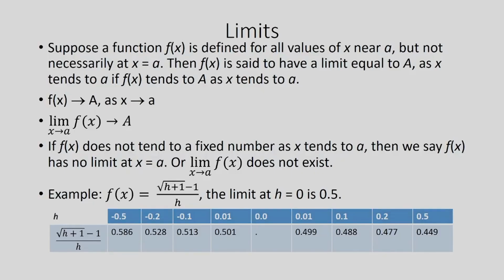So, here is the definition of the limit. Suppose a function f(x) is defined for all values of x near small a, but not necessarily at x equal to small a. Then f(x) is said to have a limit equal to capital A as x tends to a if f(x) tends to capital A as small x tends to small a. Basically, take any function.